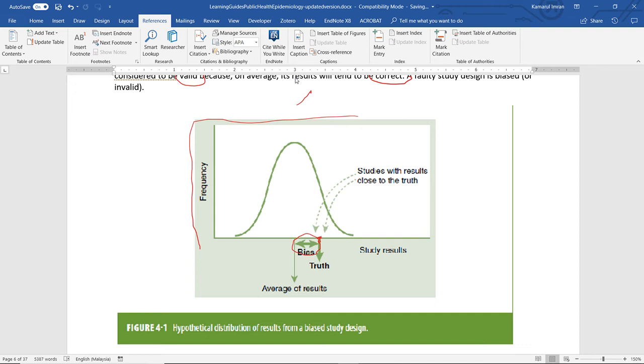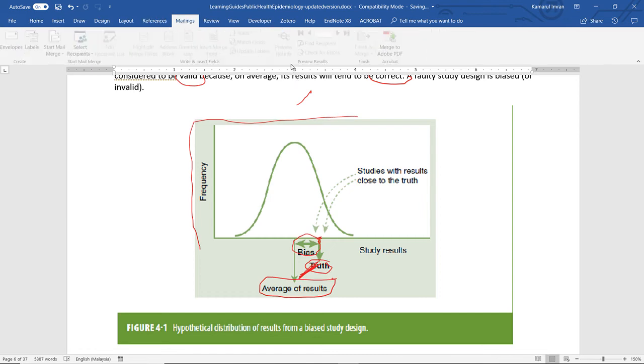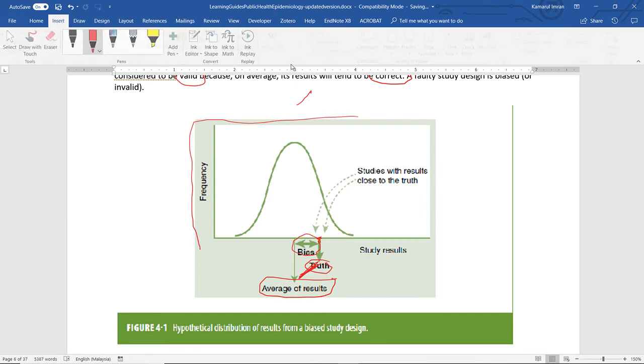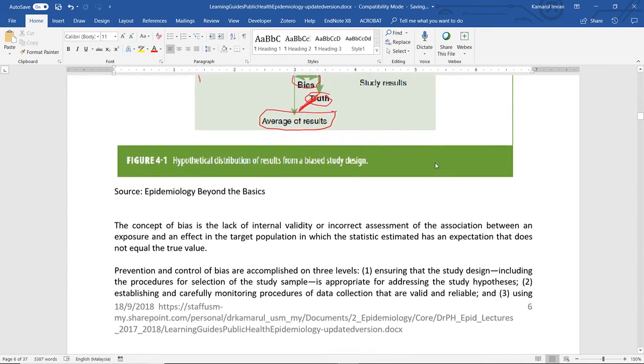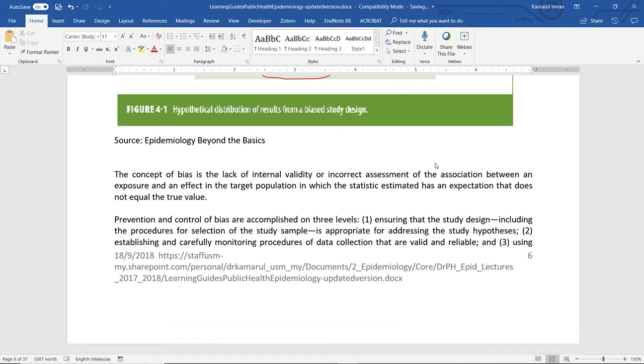That is bias. This is your result, the average result. This is the truth, and the difference between the two is bias. This is figure 4.1 in Epidemiology Beyond the Basics.